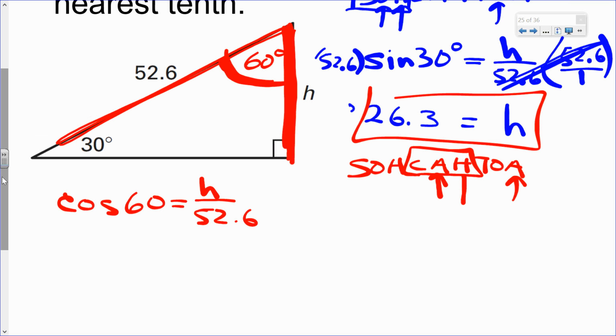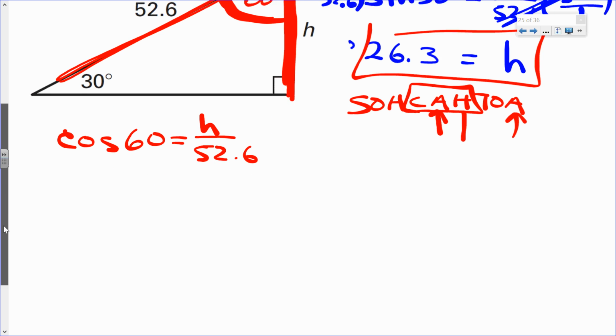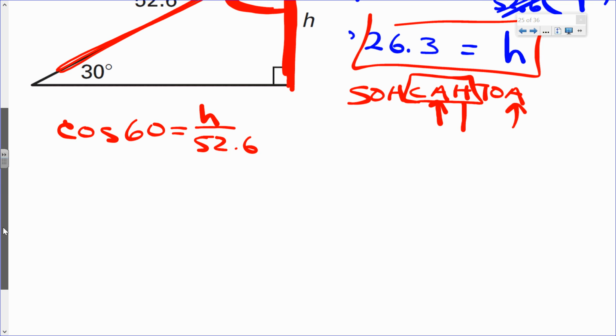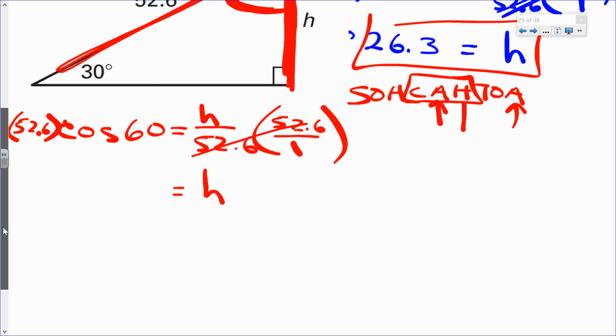Okay, h is on top, so let's get h by itself. We want to get h alone, so let's get rid of the 52.6 by doing the same thing we did the first way in blue. We'll multiply both sides by 52.6, which is the same as 52.6 over 1. I've got h equaling 52.6 cosine 60.